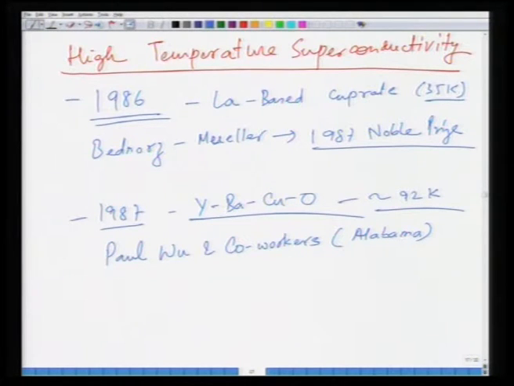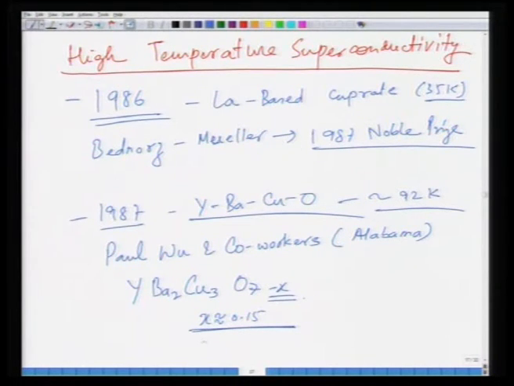Paul Wu and his co-workers also found that the superconductivity in yttrium barium copper oxide is highly sensitive to the composition. The formula is YBa2Cu3O7-x, and this x was very important. What they found was that the superconducting state occurs when x is about 0.15, and this shows the highest Tc.